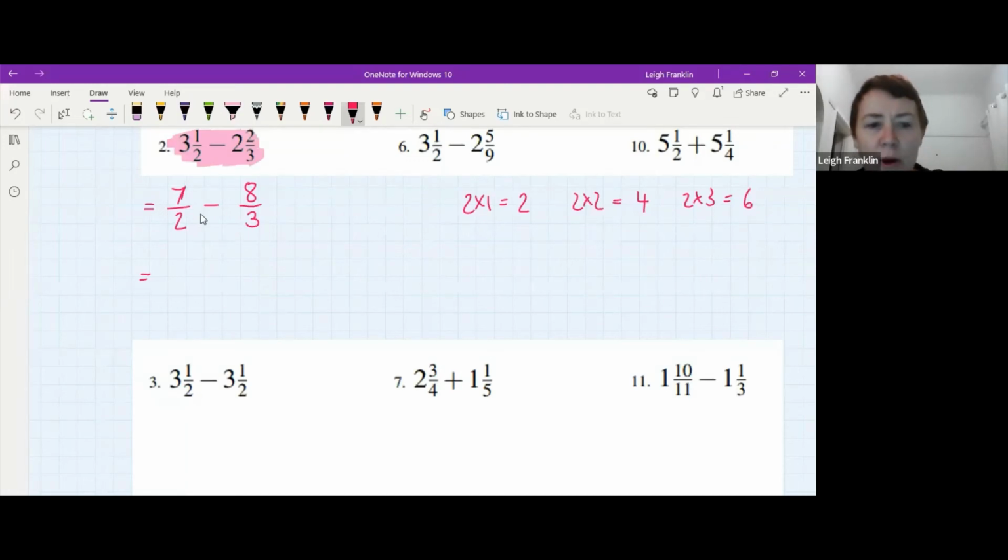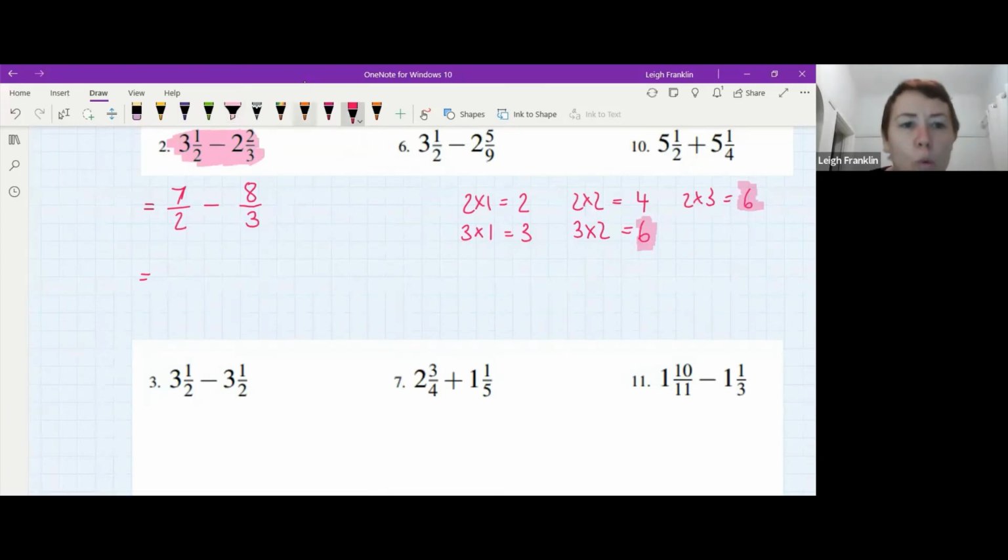Okay, now let's go and do our 3 times table. 3 times 1 is? 3. 3 times 2 is? 6. Lovely. Okay, now what do you notice? They both go in 6. Okay, so both 2 and 3 go into 6. So that means that we can use 6 as our lowest common multiple.